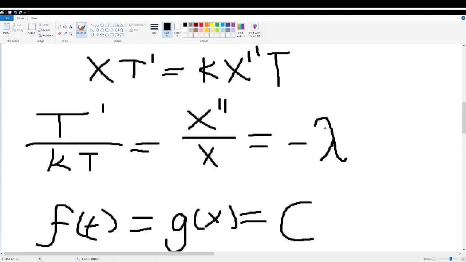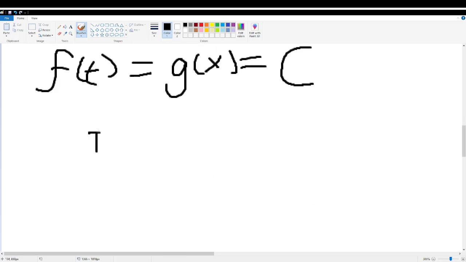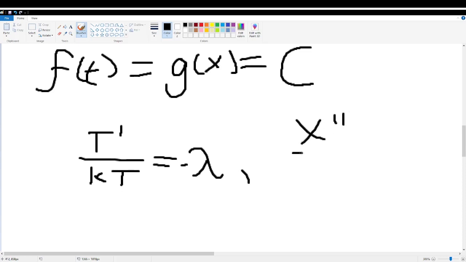And notice if three things are equal to each other, you can pick two of them out and that will be true. So T prime over kT is just equal to negative lambda, and X double prime over X just is equal to negative lambda. So we can go ahead and take that out, and we're going to end up with two different ordinary differential equations: T prime over kT is equal to negative lambda, and likewise X double prime over X is equal to negative lambda.